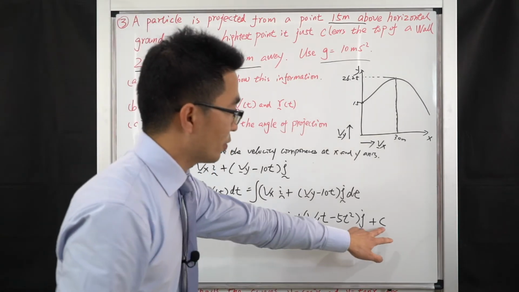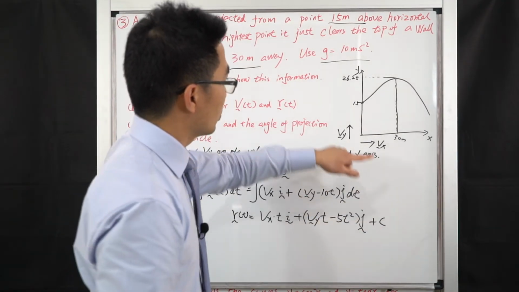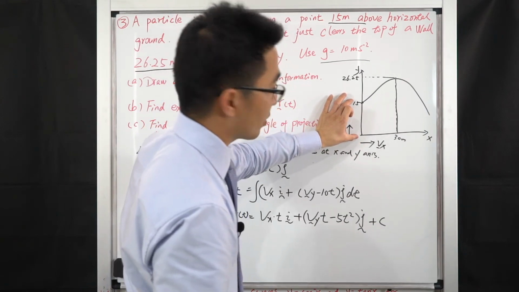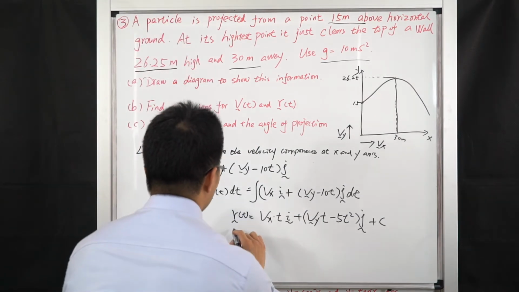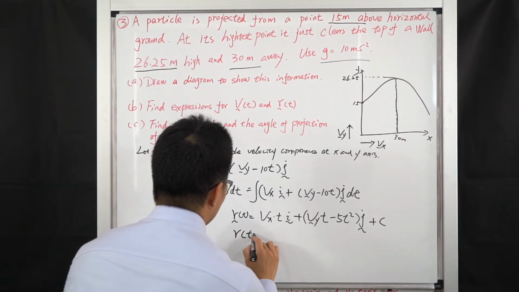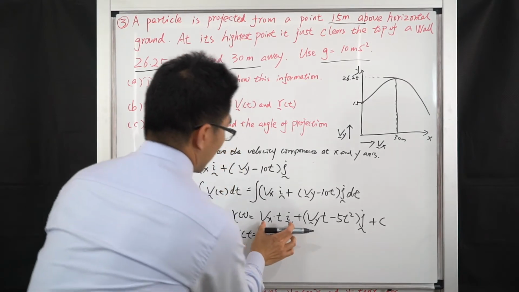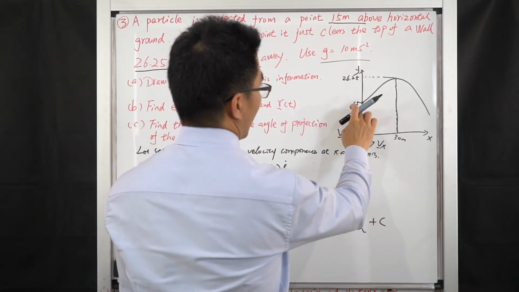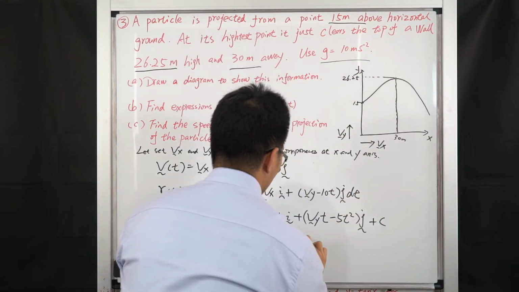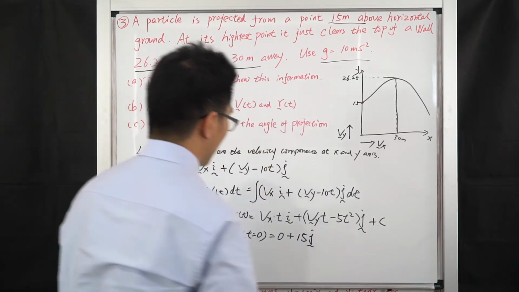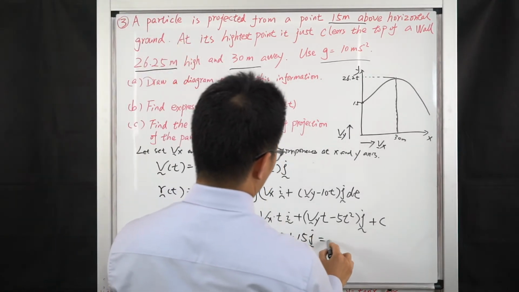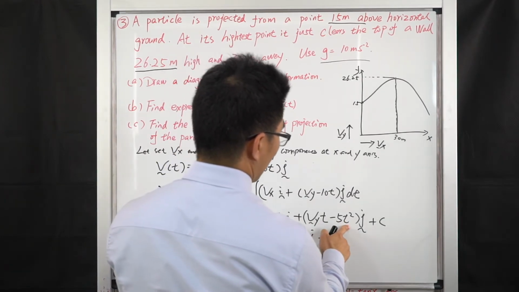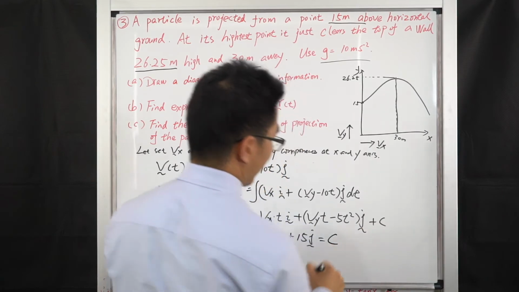We have to find the value of c. The initial condition is that when t equals 0, the particle is 15 meters above the ground, which means the i component is 0 and the j component is 15, so 15j. When t equals 0, all the other terms equal 0, so only c is left.